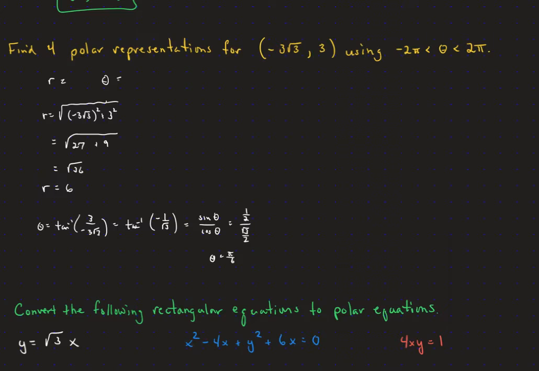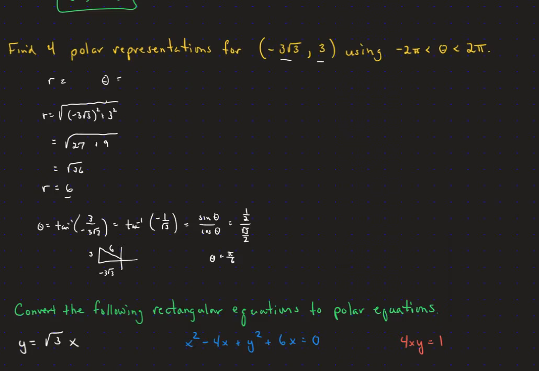Now alternatively, we could graph this and say we're in quadrant 2 because our x value is negative and our y value is positive. So we could put our negative 3 square root of 3, our opposite is going to be 3, and we just found out the r is 6.